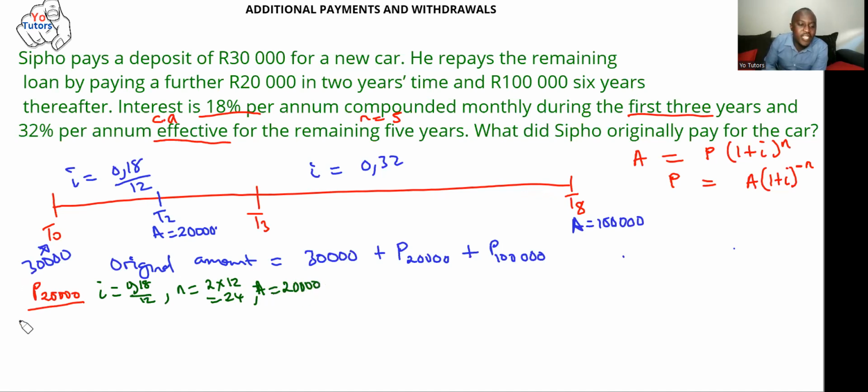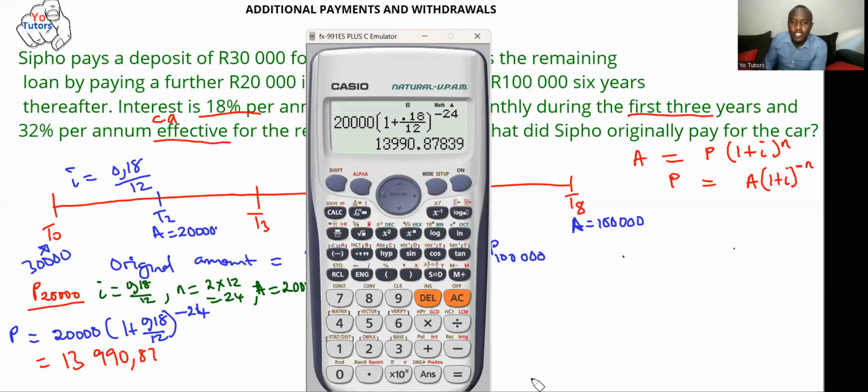Now let's calculate the P there. So P is going to be equal to 20,000 times (1 plus 0.18 over 12) to the power negative 24. So that's what we get if we punch it into our calculator.